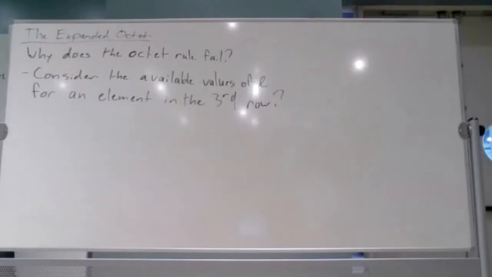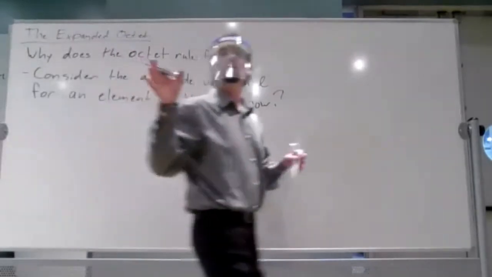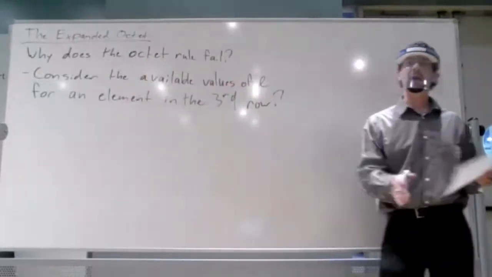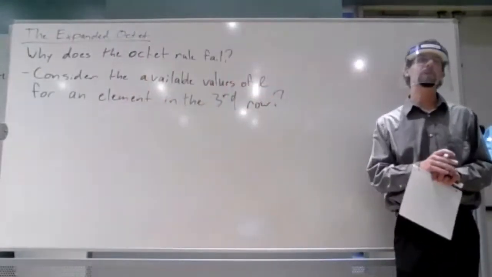Okay, so to figure out the value of L, go back to those rules for quantum numbers. What do we have to know to determine L? What's the very first quantum number we need?